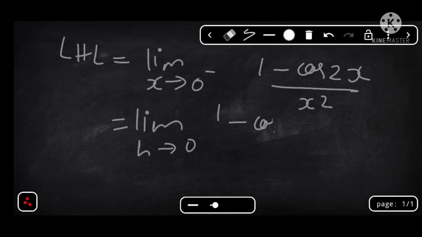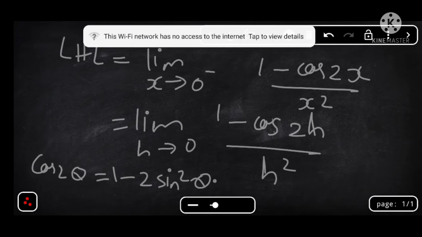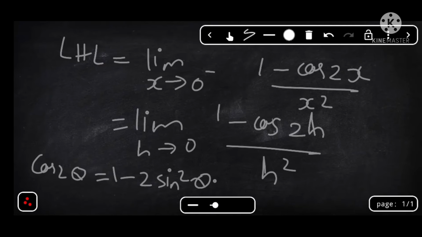So 2h, divided by h square. Now we have cos 2 theta equal to 1 minus 2 sine square theta. So we are going to substitute that.